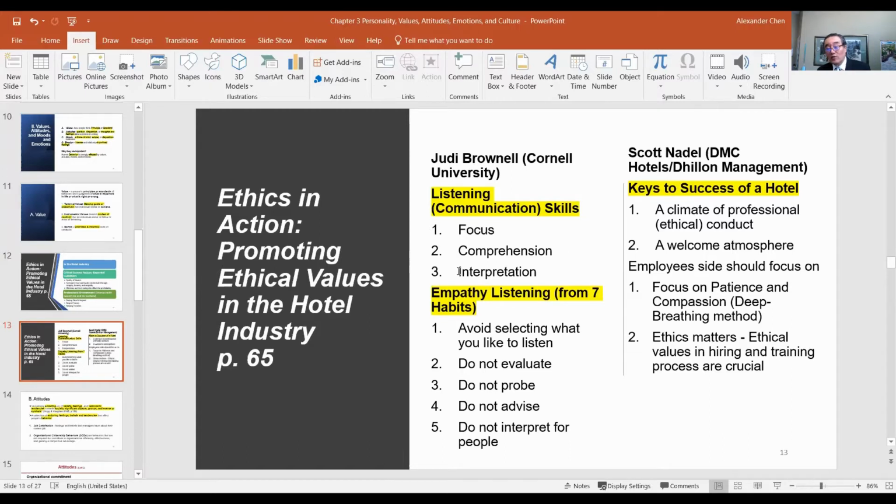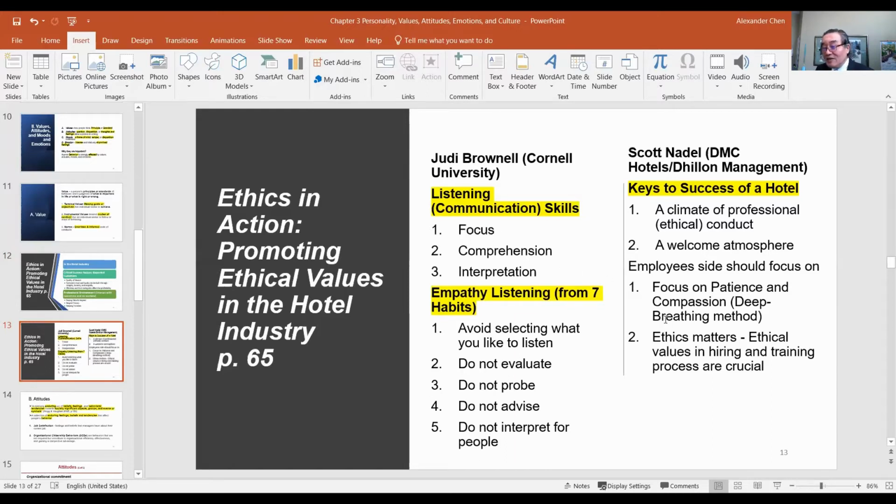Then we should try to interpret. And Scott mentioned there are two things we should focus on: patience and the deep breath method. You want to be focused, but your customer could be emotional. So you listen, you focus.